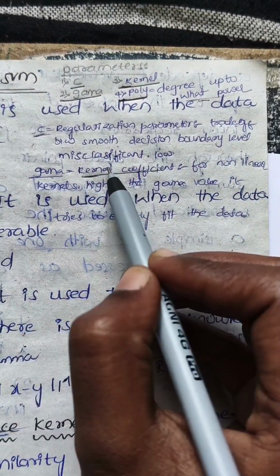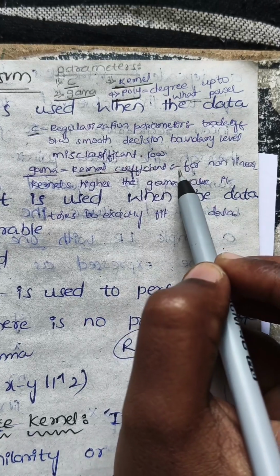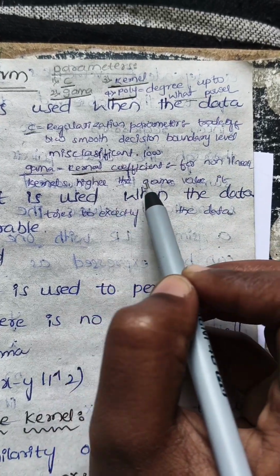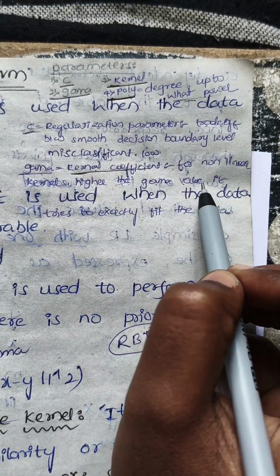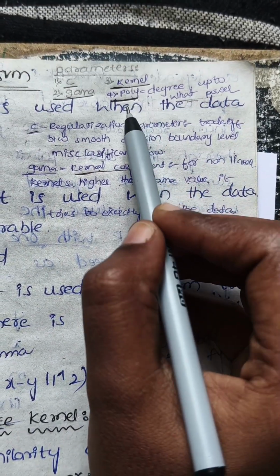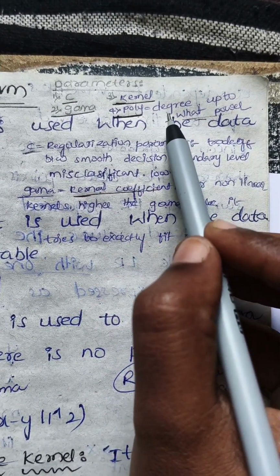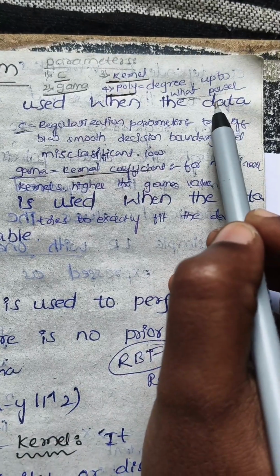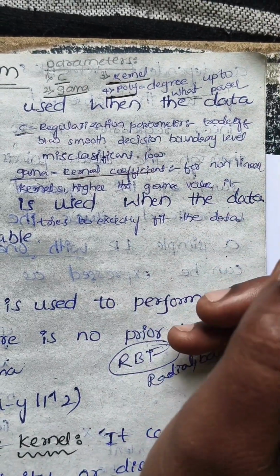Next one is gamma, the kernel coefficient. It is for nonlinear kernels, higher the gamma value. And the third one is the kernel, we know about it. And the fourth one is poly, meaning the degree, up to what power to use when the data is nonlinear.